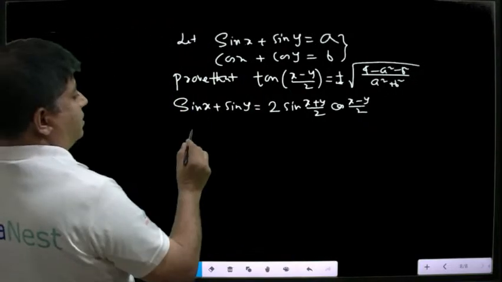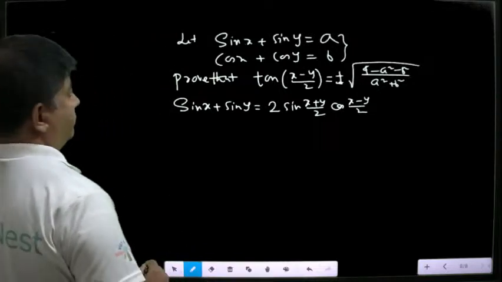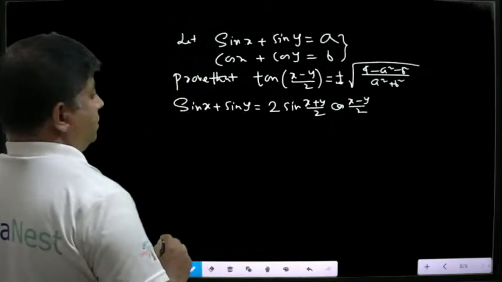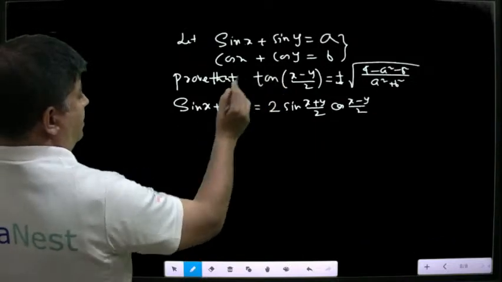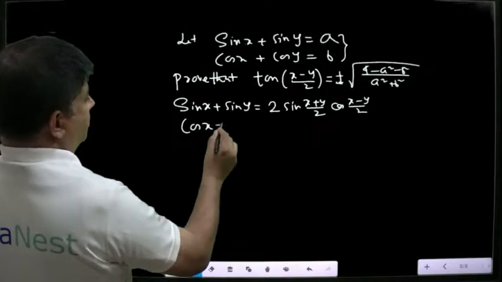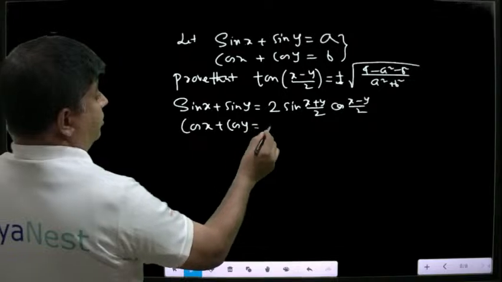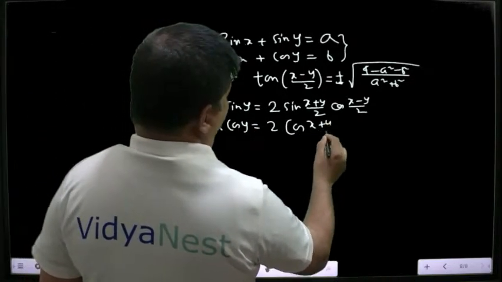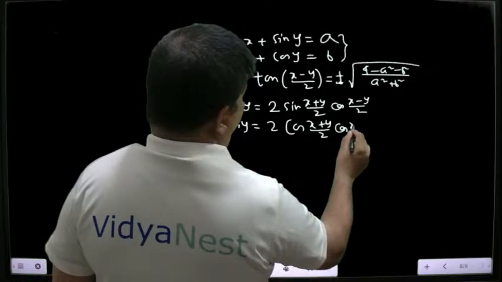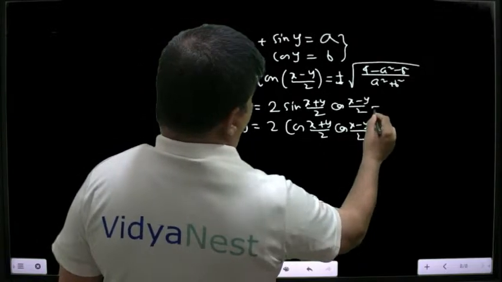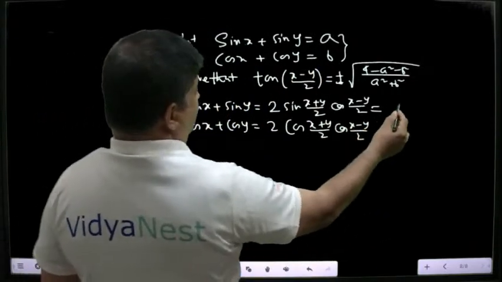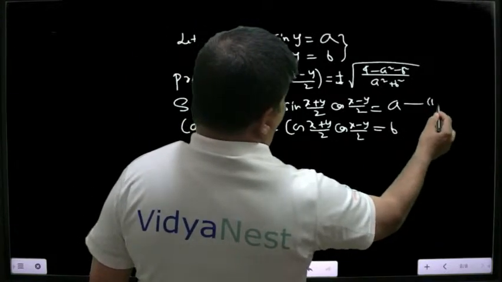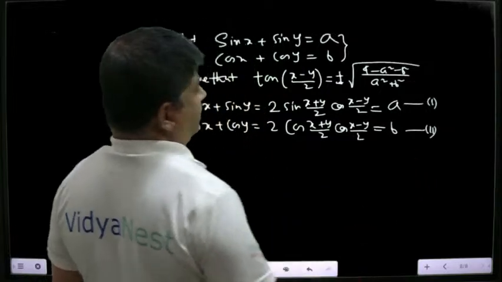Cos x plus cos y, obeying the rule of cos C plus cos D, we get 2 cos ((x plus y) by 2) cos ((x minus y) by 2). This is considered as A, this is considered as B. Let us label it 1, label it 2.